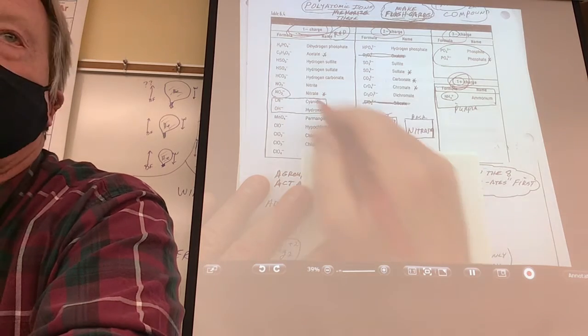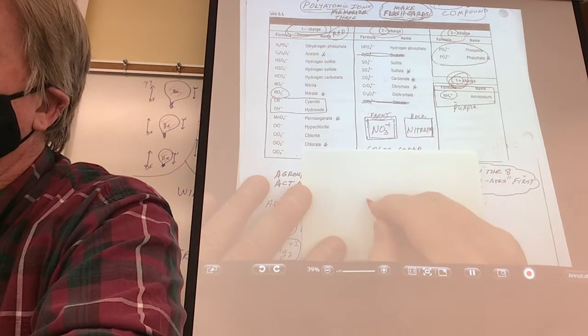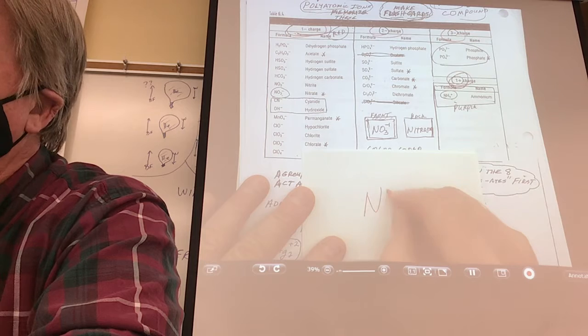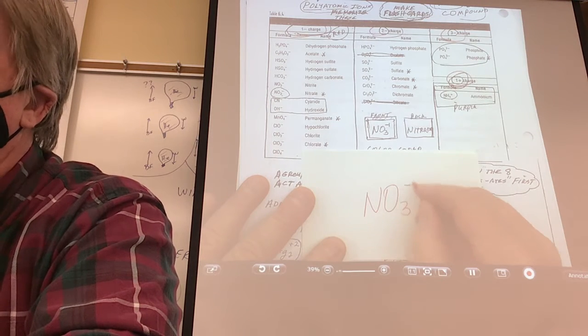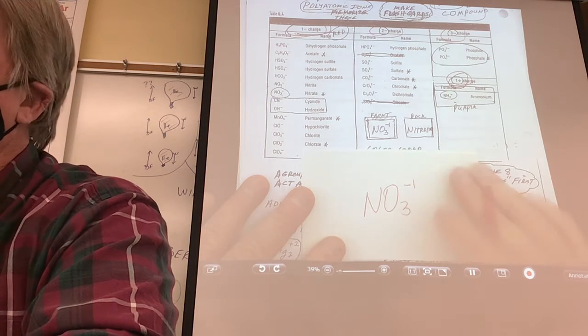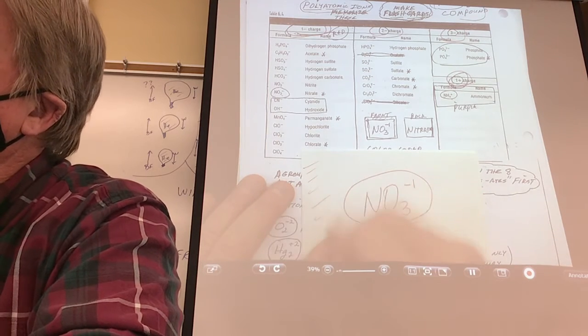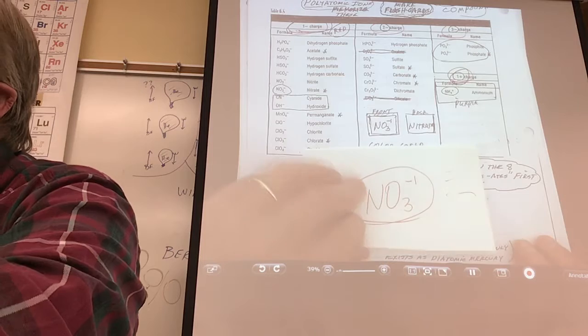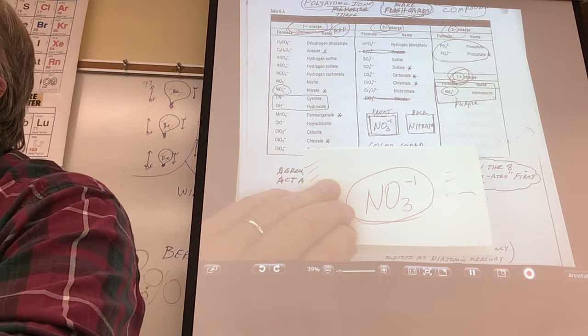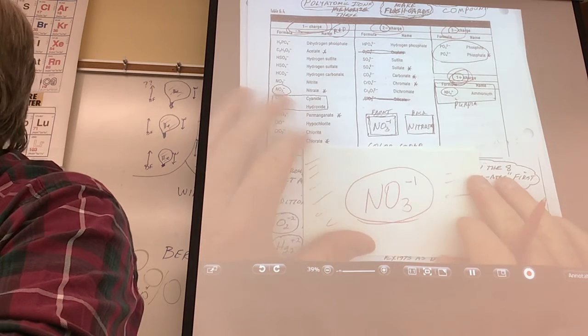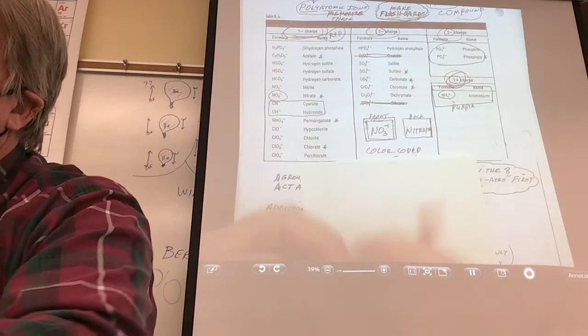So I think all my red cards are going to be the -1 guys. So on one side, I write NO3 -1. Get that? And it's in red, isn't it? See? Now I've color-coded my card. It's red. Because your mind actually does better at memorizing things when they see color. And what am I going to put on the back side?